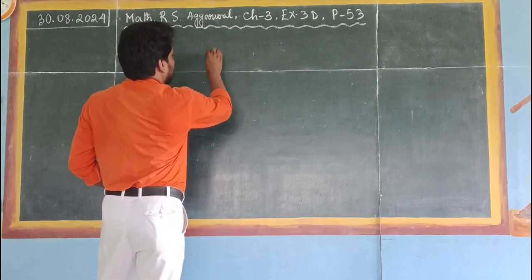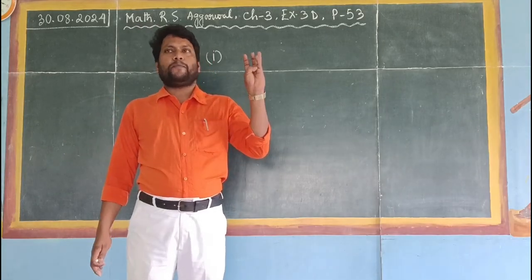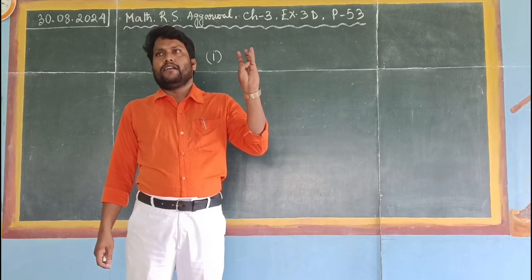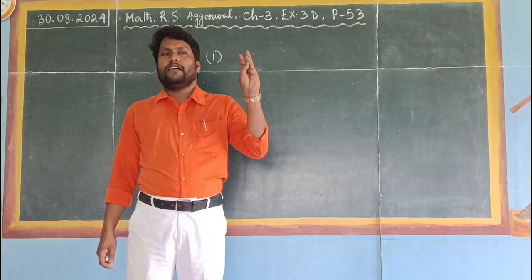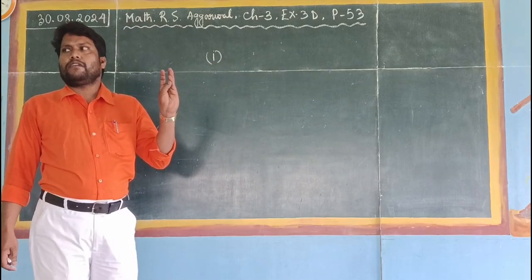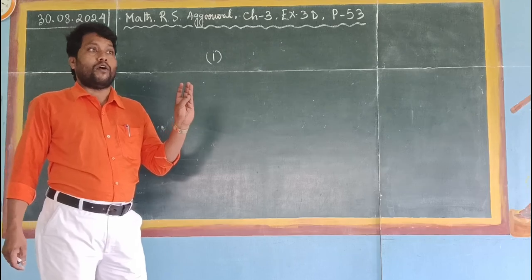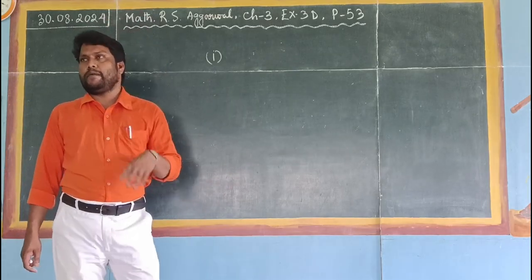Number 1. There are 4 properties: closure property, distributive property, associative property, and number 4, commutative property. Yes, 4 properties are included in your syllabus.